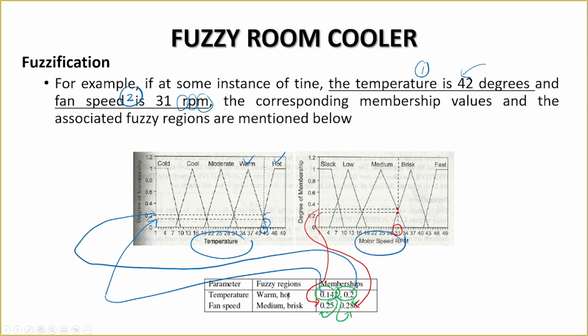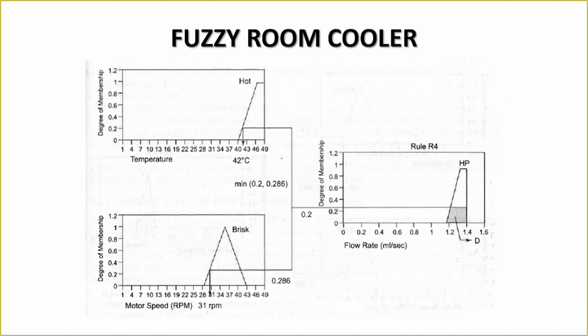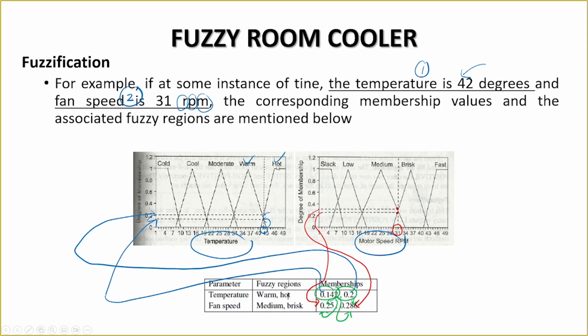So 0 to 5, meaning minimum 0.2 to 0.5, then 0 to 0.86. What will happen here is we try to find the minimum. So 0.2 is the dominant value.